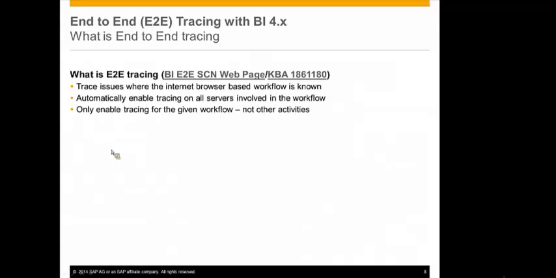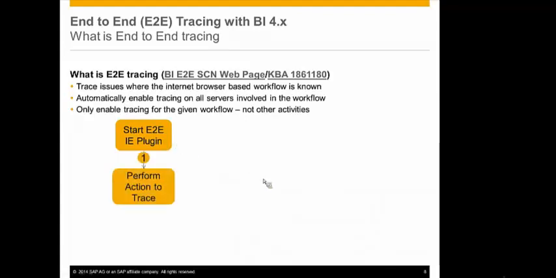So here's an example of end-to-end tracing, and we'll do an example in a moment. We start end-to-end tracing, and then we start performing the action we wish to trace. So this is the workflow that causes the error. This automatically turns on without us having to go into any of those trace log server settings in the CMC.